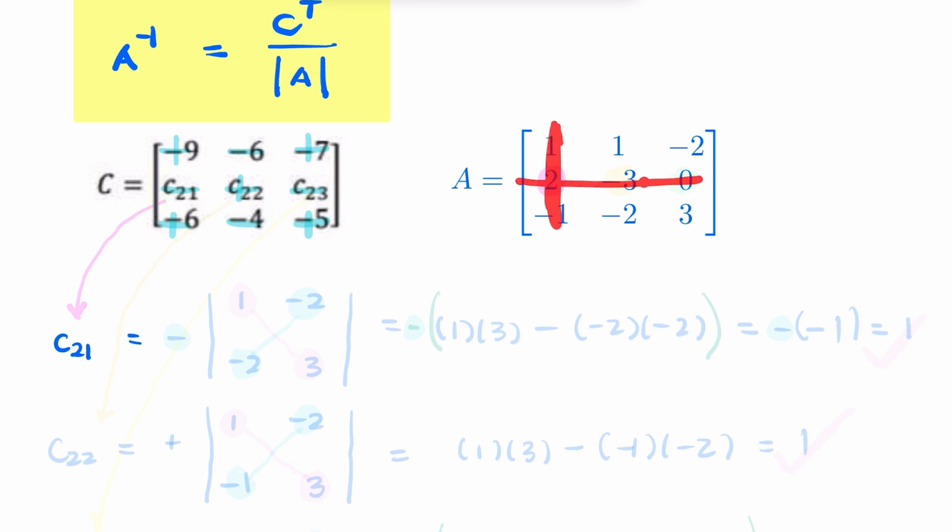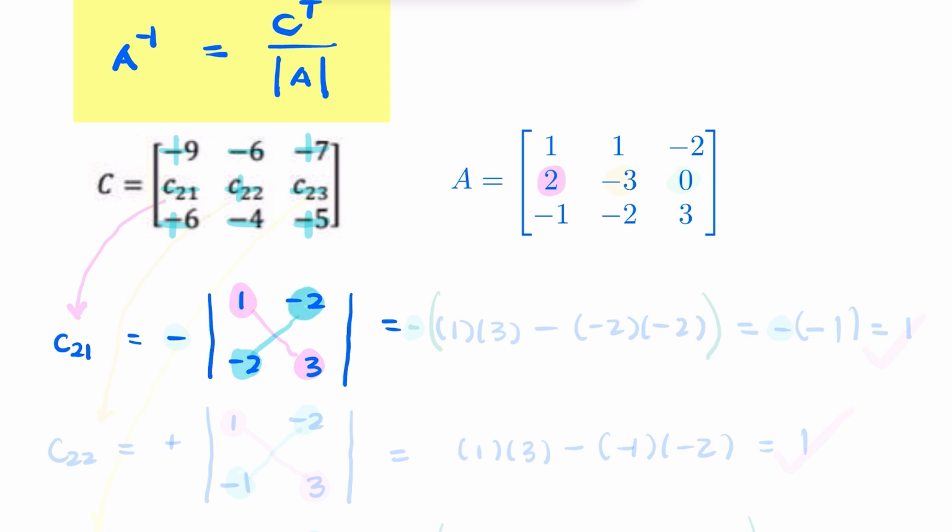It would be a negative sign because C21 in the matrix of place signs is negative, so it would be negative times the determinant of the remaining elements. That's 1, negative 2, negative 2, and 3. To find the determinant, we simply multiply the diagonal elements and then subtract the products.